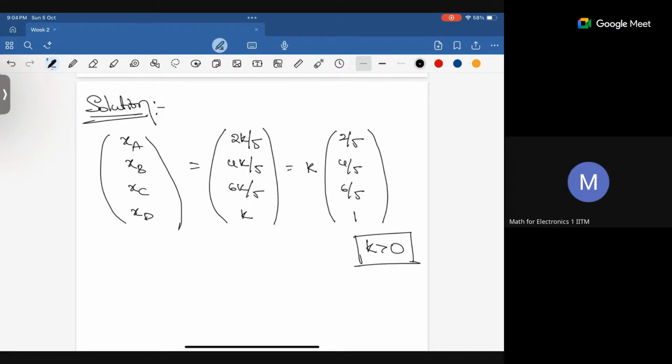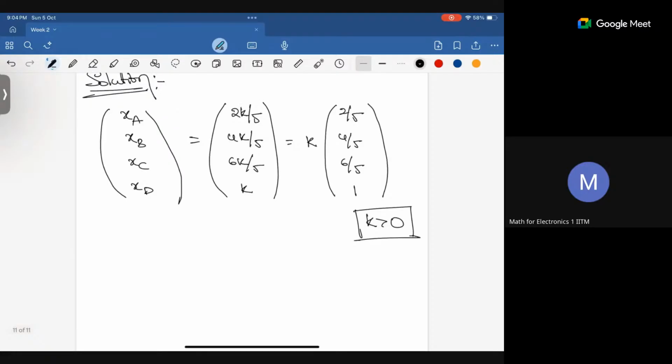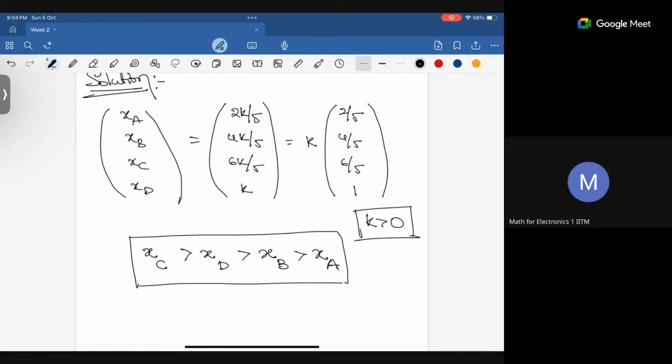So therefore, whatever value you take for k, the importance for c will be greater than the other pages. I can easily rank them irrespective of the value of k. So xc will always be greater than xd, which will always be greater than xb, which will always be greater than xa. So a has the least importance, c has the highest importance.